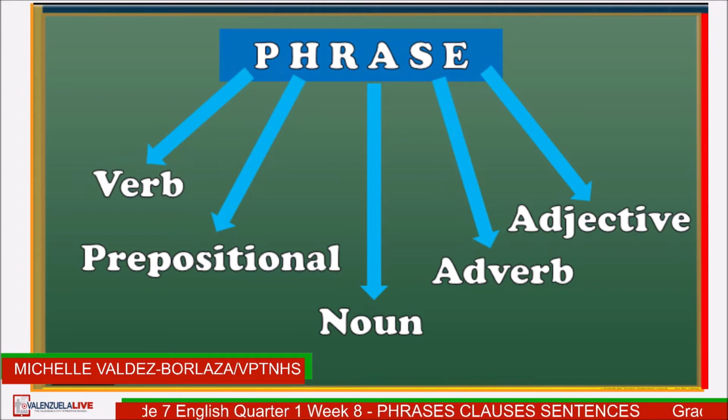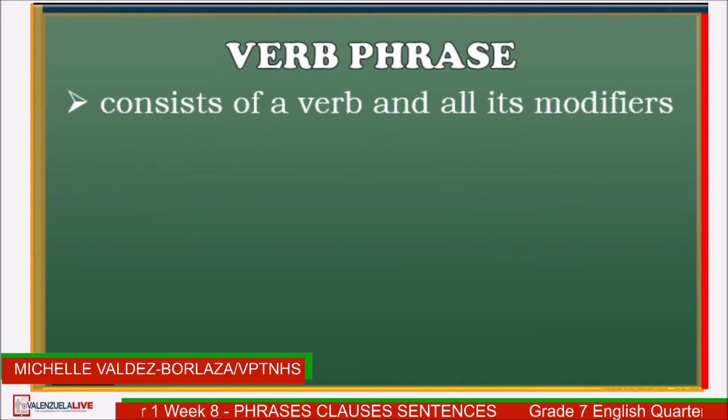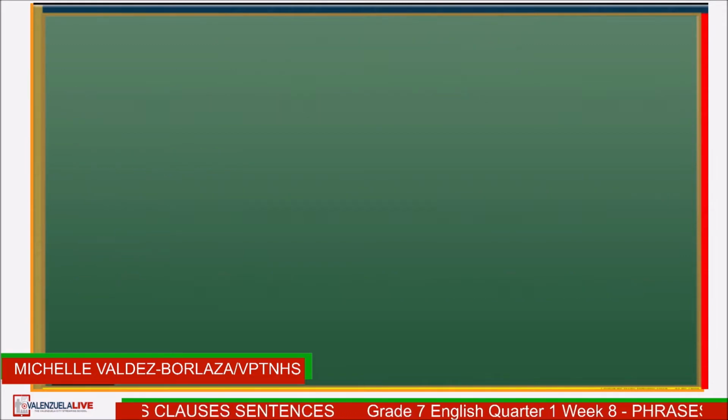Let's find out their function. A verb phrase consists of a verb and all its modifiers. Here are some examples. 1, he was disappointed when it didn't rain. 2, you might want the weather here.